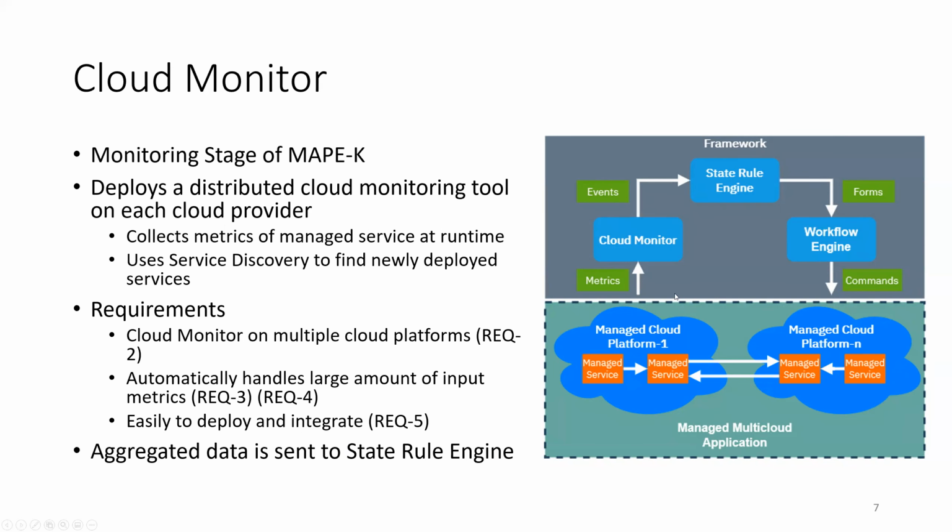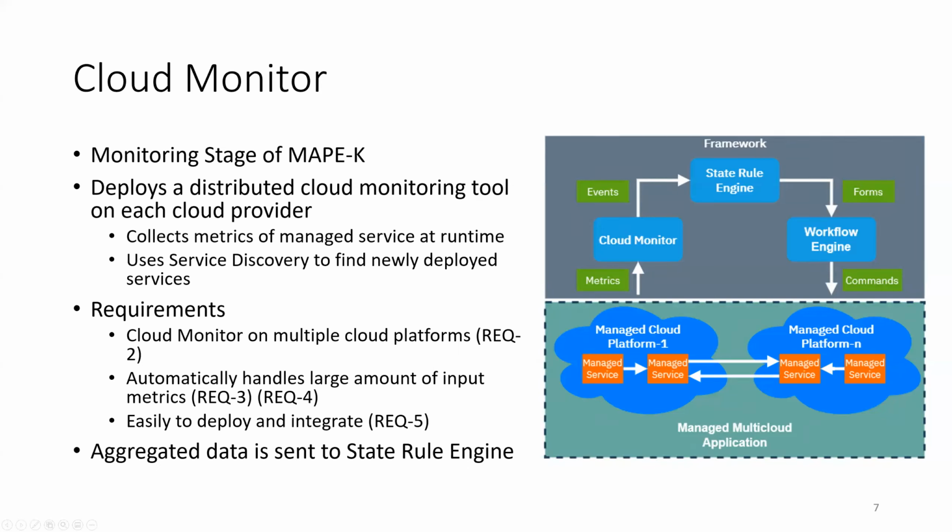So the cloud monitor distributes a cloud monitoring tool on each cloud provider and runs continuously alongside the service to collect performance metrics at runtime. We can collect the resource utilization metrics continuously at runtime at an interval of t seconds, which can be configured by the DevOps team. And then the performance metrics on the multi-cloud environment are aggregated and streamed to the state rule engine.